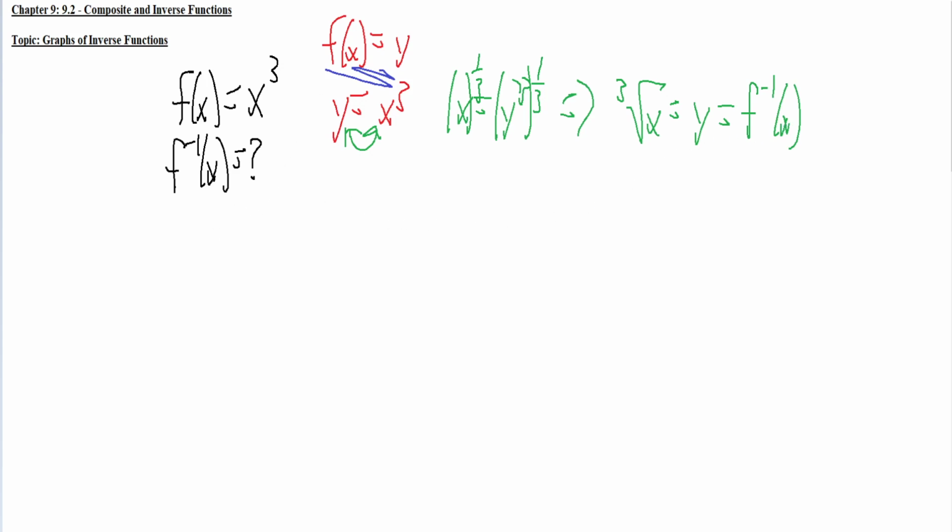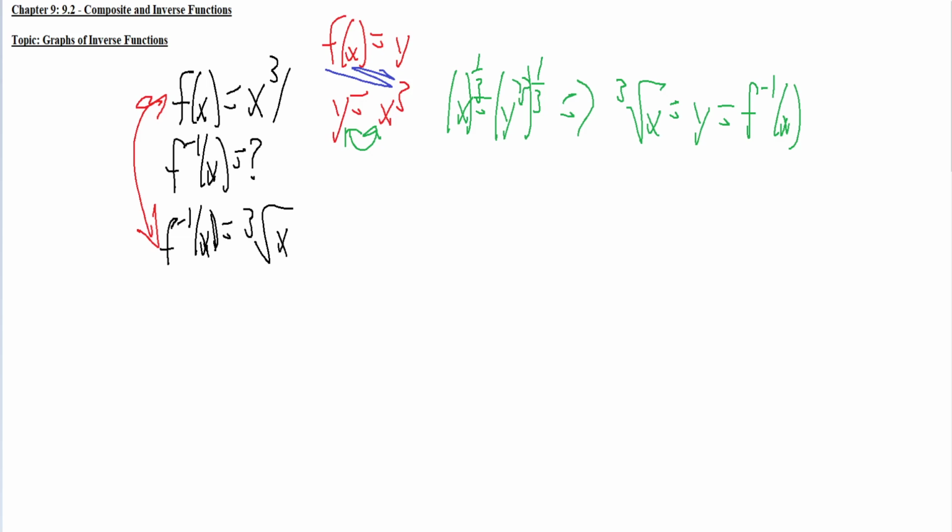So therefore, our inverse function over here in black is equal to the cube root of x. But what exactly do these two graphs look like in comparison to one another? That's what we're going to go over and see for ourselves.